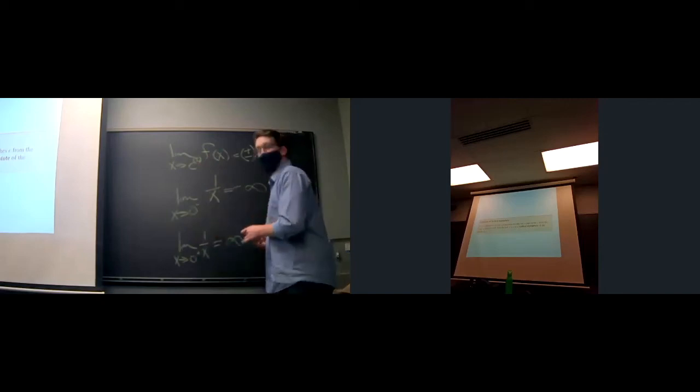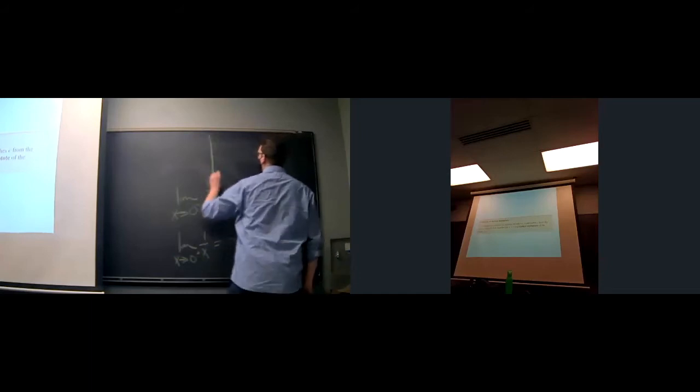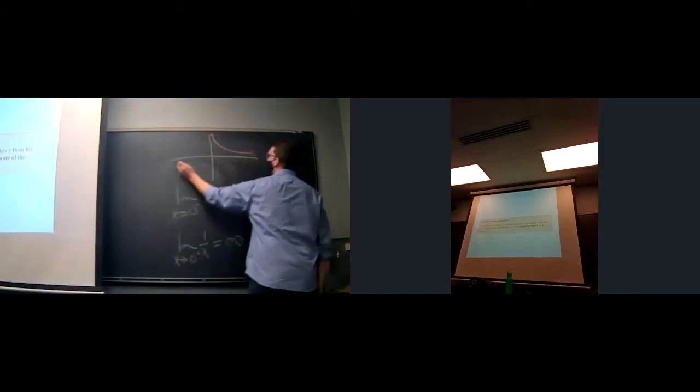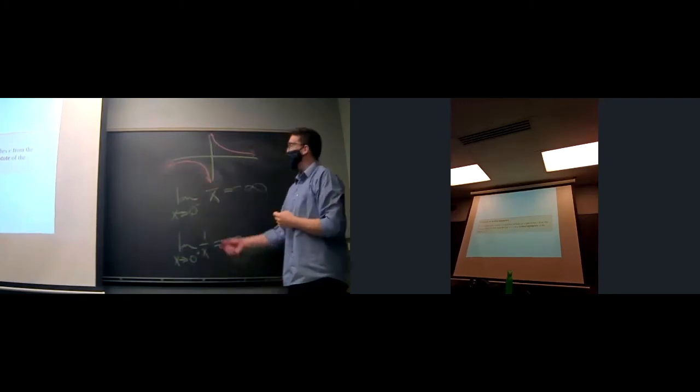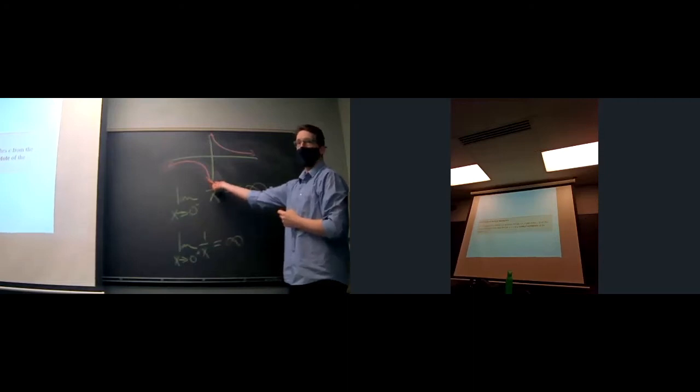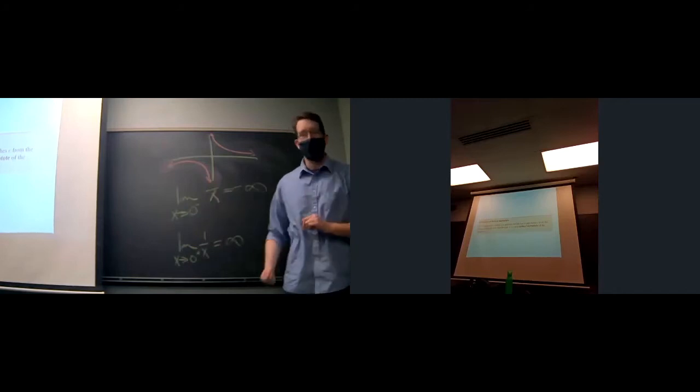We can see that in the graph, since intuitively the graph of our function will never cross the line x equals 0. Make sense? Cool.